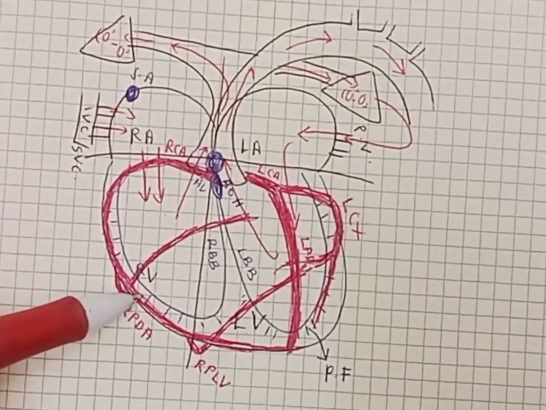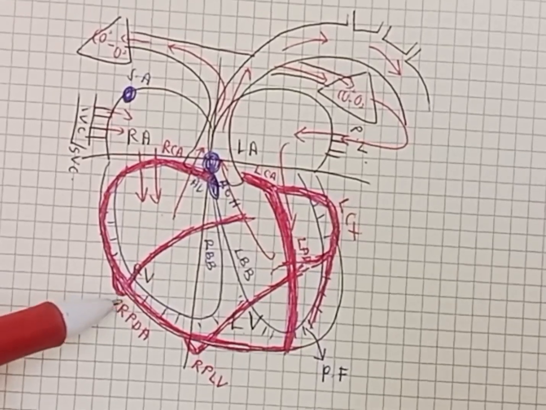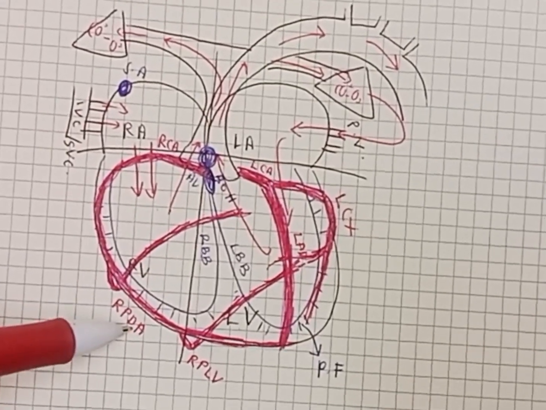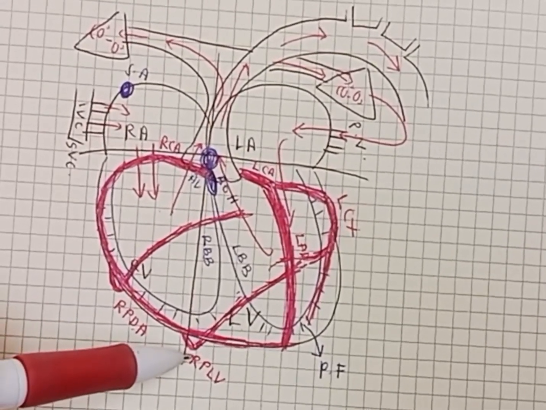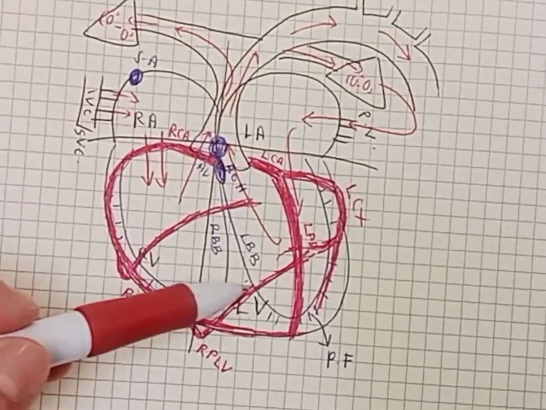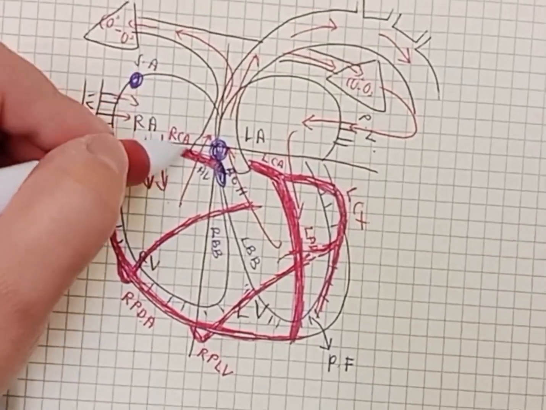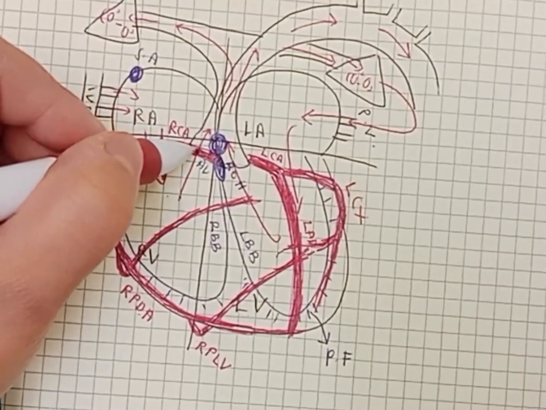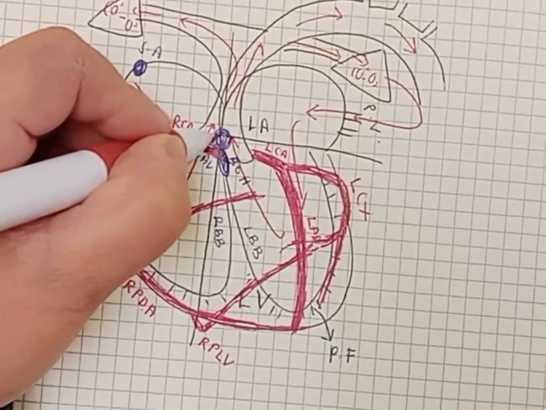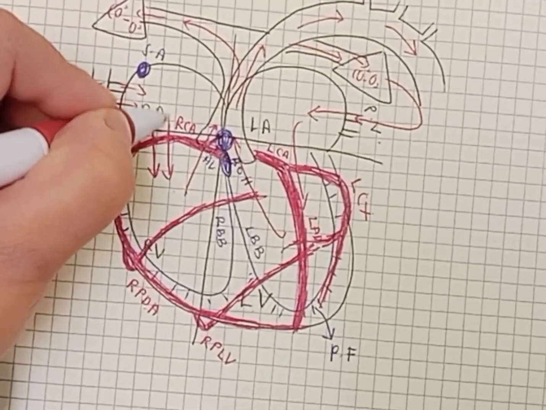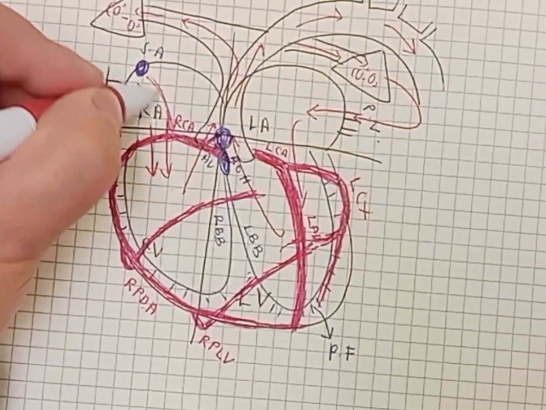The right coronary artery supplies the right ventricle, and some supplies the right posterior descending artery, and one more is the right posterior left ventricle branch. Some of the RCA also supplies the AV node, and some supplies the SA node.